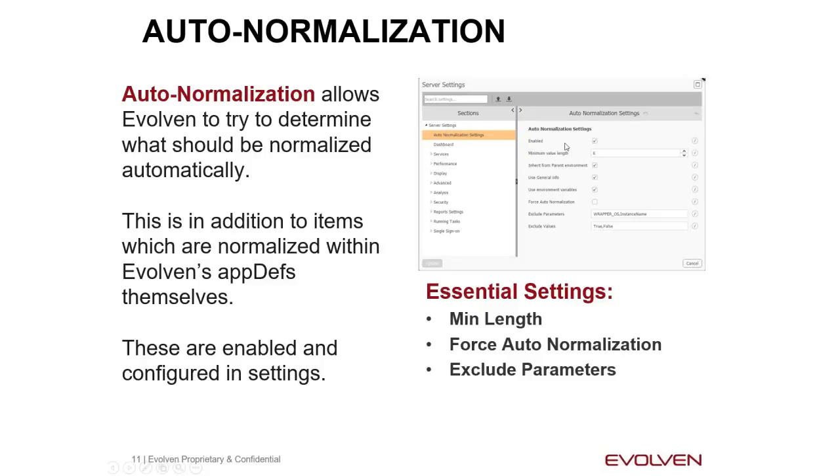And you'll see the first box is really the main one that you would typically change, is whether this feature is enabled or not enabled. For the purposes of this session and my general guidance, only change that under the guidance of your Evolven team. We'll tell you when anything needs to specifically be changed, but generally speaking, that feature will do its work for you.